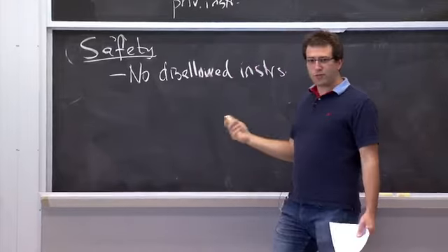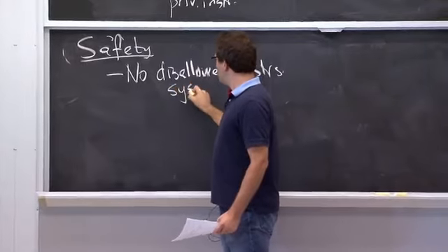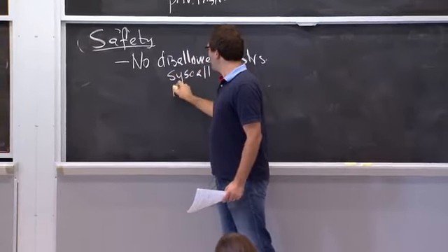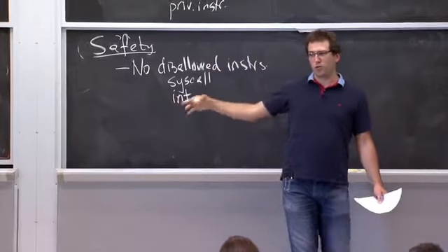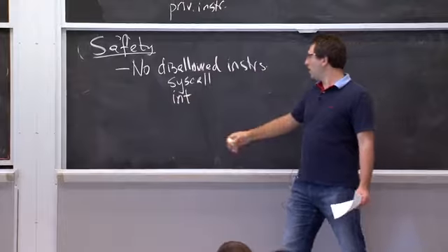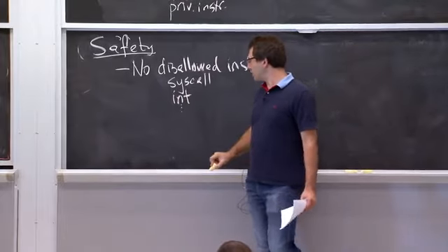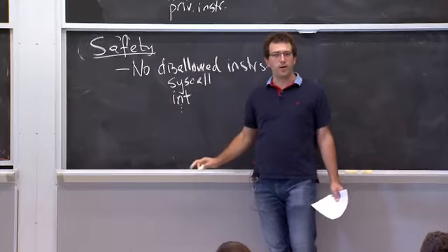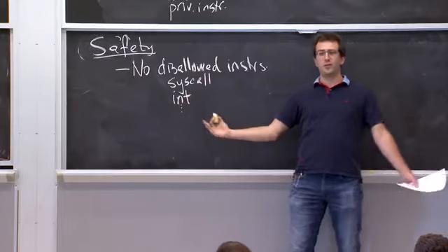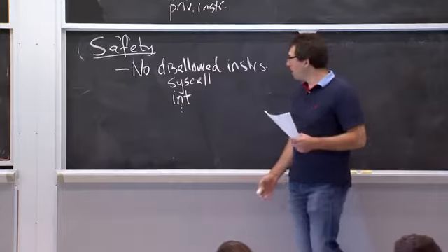And these disallowed instructions are things like system calls or triggering an interrupt, which is another mechanism on x86 to jump into the kernel and invoke a system call, and probably other privileged instructions that would allow you to escape out of the sandbox. We'll look a little bit more later at what instructions could actually let you jump out of a sandbox.